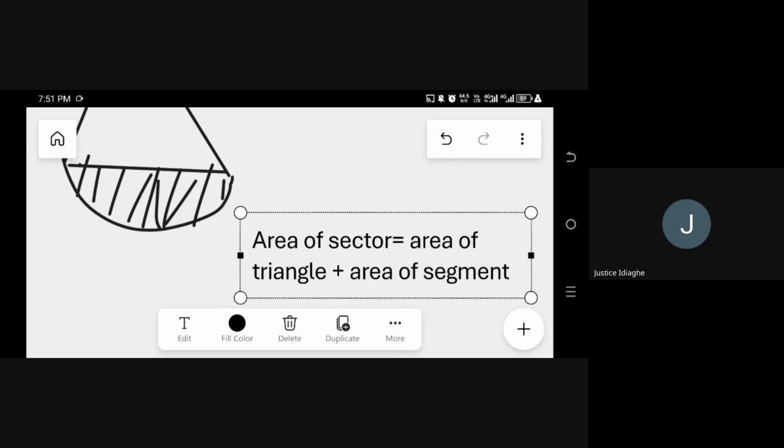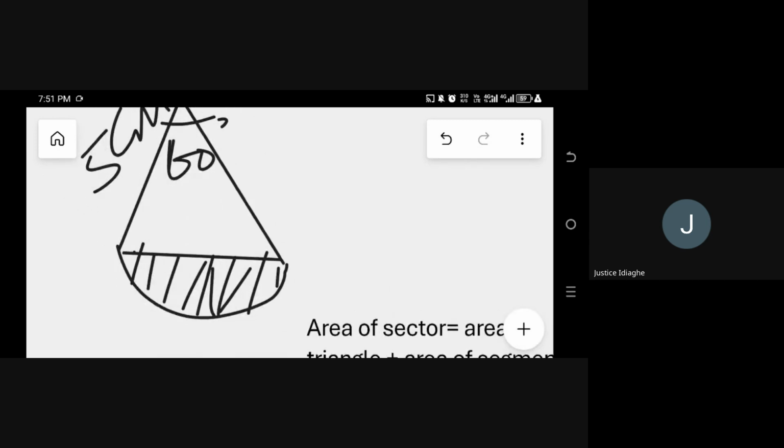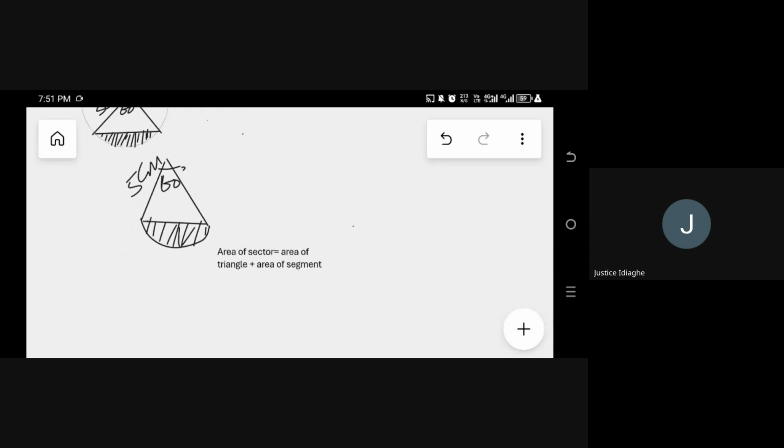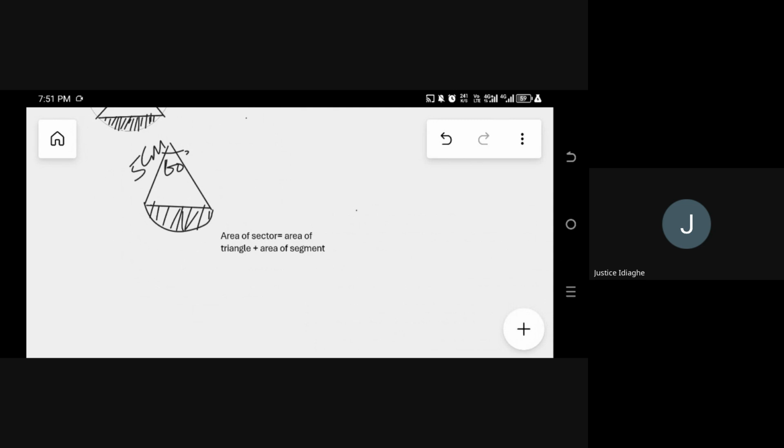Look at it in the diagram: triangle at the top, segment at the bottom. So the area of the full shape, the sector, is equal to the area of the triangle plus the area of the segment, which is the one at the bottom.